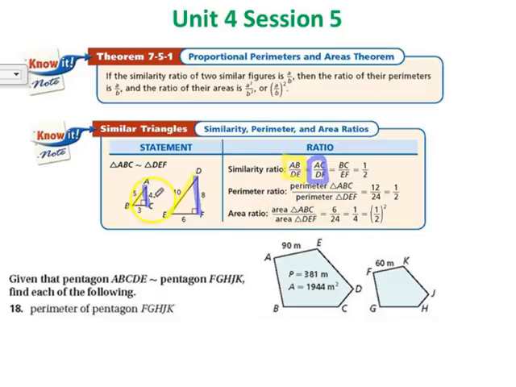The similarity ratio, we've done that before when we compare the sides, and then you can find the ratio by taking like 10 over 5, or 5 over 10, I'm sorry, which reduces to 1/2. The perimeter ratio is the same thing. What you would do is find the perimeter of each triangle.